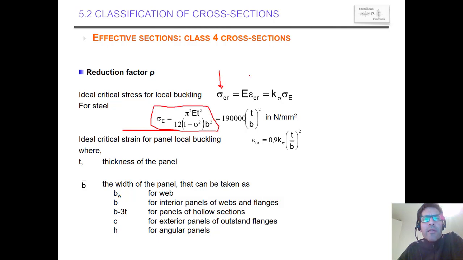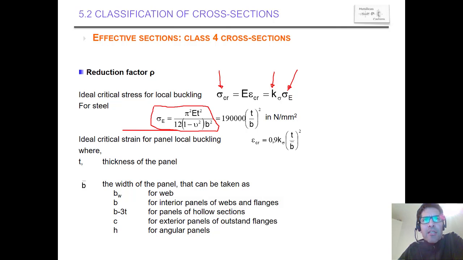And notice that in this case we define another one which is called sigma E here. And sigma CR can also be decomposed into sigma E times K sigma. So we don't have the formula coupled with sigma, but we can separate it.